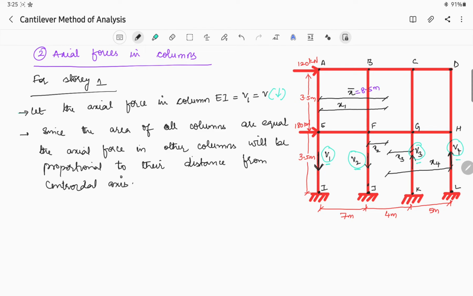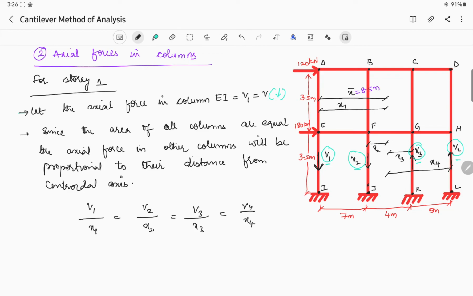So the meaning of this point is, what is the axial force we are considering? We are considering it as V1 by x1 is equal to V2 by x2 is equal to V3 by x3 is equal to V4 by x4.